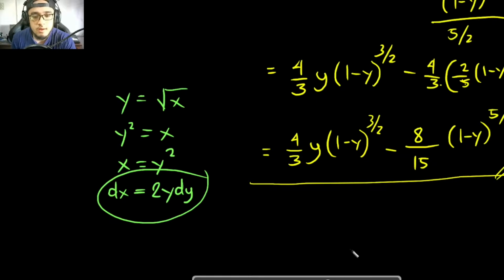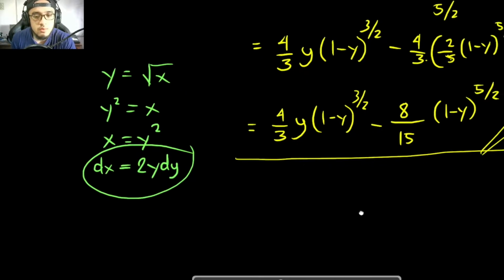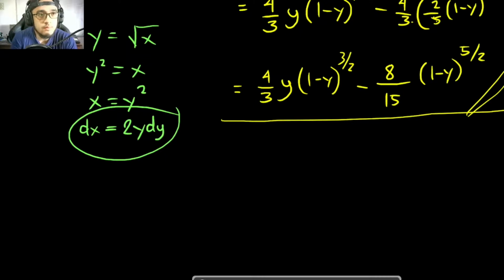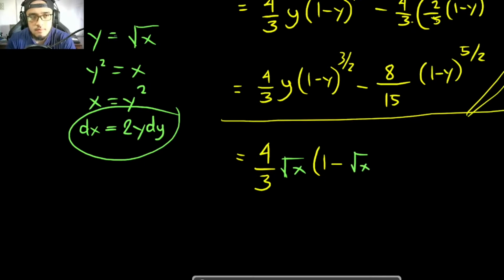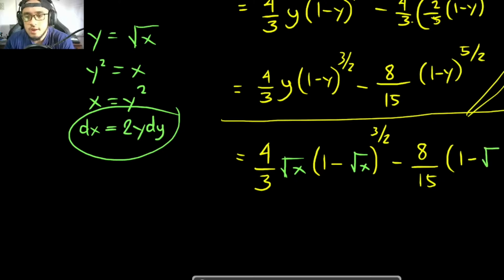So from that, that is to be equal to 4/3 times y, and our y is equal to square root of x, times 1 minus y, which is once again square root of x, raised to 3/2, minus 8/15 times 1 minus y, which is once again square root of x, raised to 5/2.